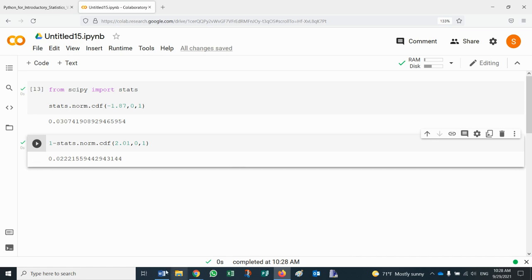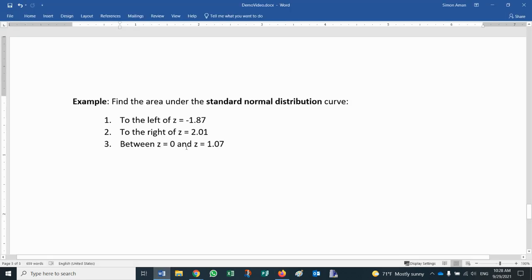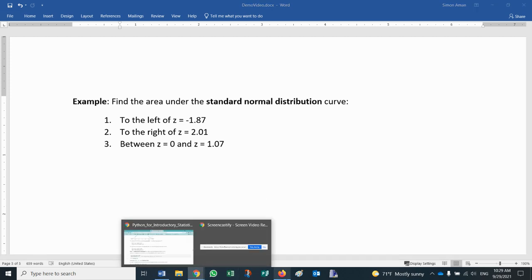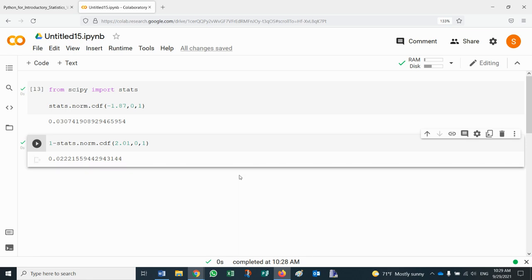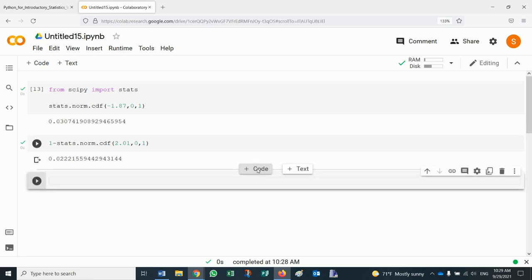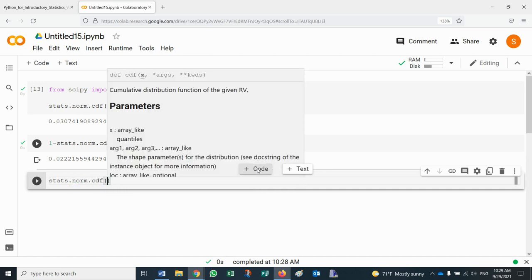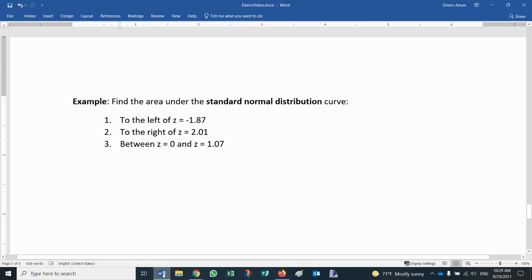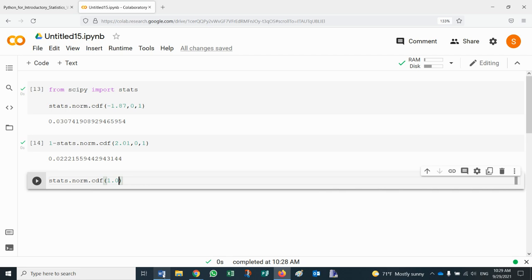And then finally, the last one was area between 0 and 1.07. So we'll do to the left of 0 and to the left of 1.07, and we subtract the two. So to the left of 1.07, stats.norm.cdf, to the left of, let me see the number one more time, it's 1.07, right?